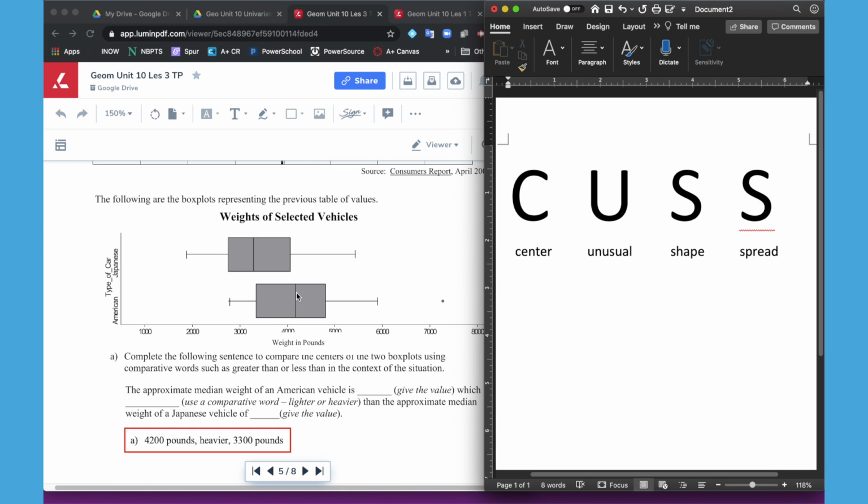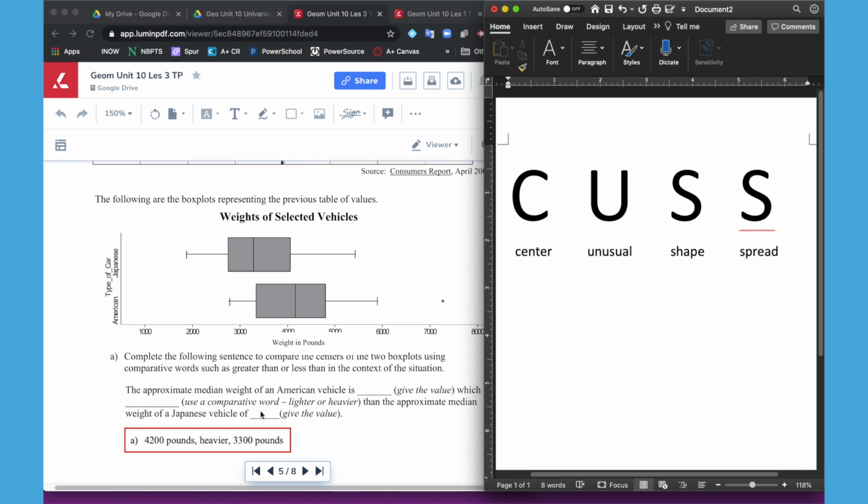Notice that we're comparing the weight of Japanese cars to the weight of American cars: the approximate median weight of an American vehicle is about 4,200 pounds, which is heavier than the approximate median weight of a Japanese vehicle of about 3,300 pounds.